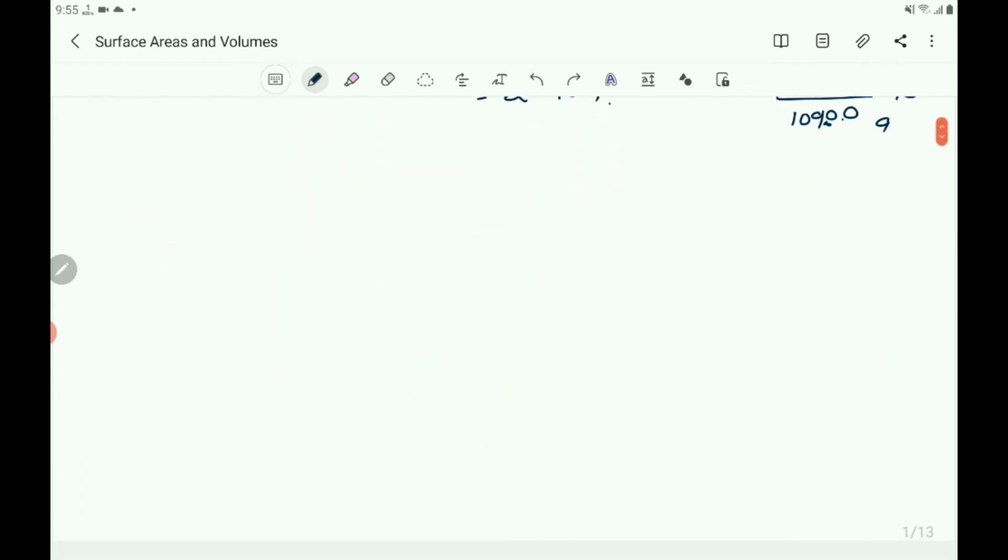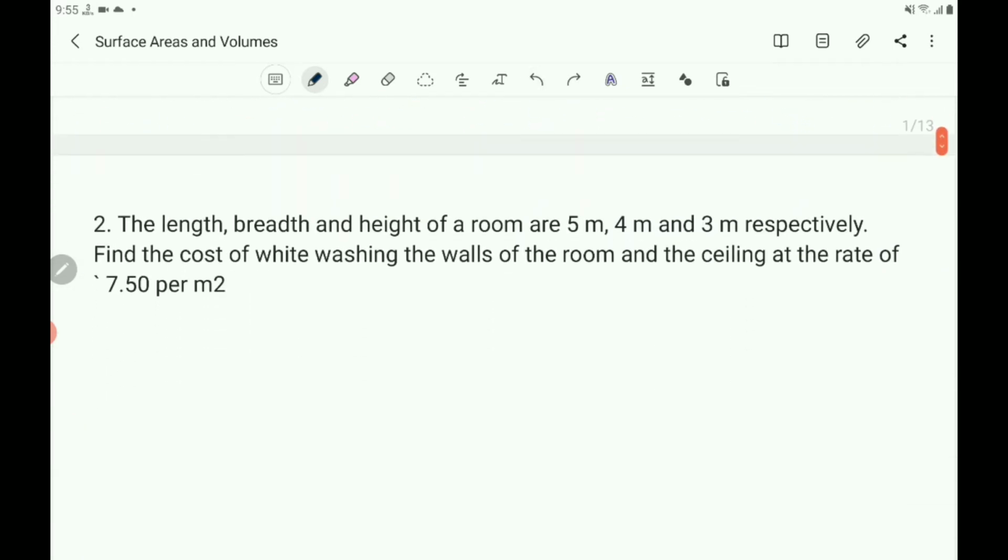Now let us take the next question. The length, breadth and height of a room are 5 meter, 4 meter and 3 meter respectively. It means this is the length, this is the breadth and this is the height.